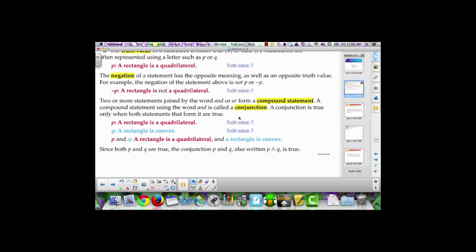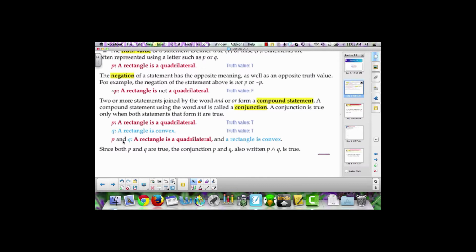One type of compound statement using the word and is called a conjunction. A conjunction is true only when all the statements that form it are true. For example, if I have a statement P, a rectangle is a quadrilateral, and a statement Q, a rectangle is convex, the conjunction of P and Q is a rectangle is a quadrilateral and a rectangle is convex.